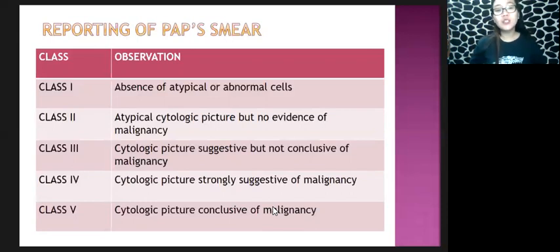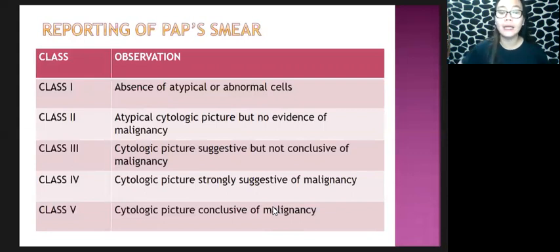Class 1, absence of atypical or abnormal cells in the sample. Class 2, atypical cytologic picture but no evidence of malignancy. Class 3, cytologic picture suggestive but not conclusive of malignancy. Class 4, cytologic picture strongly suggestive of malignancy. And class 5, cytologic picture that is conclusive of malignancy.